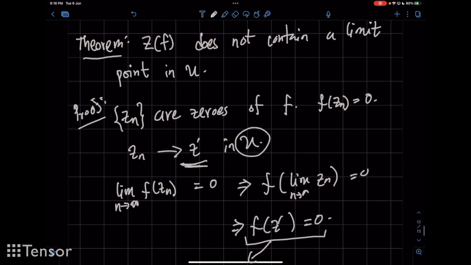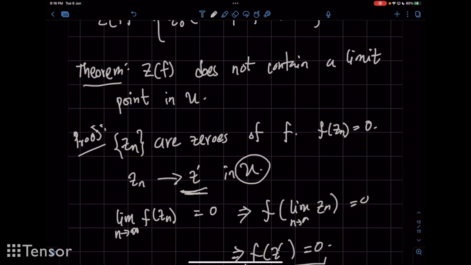If f is identically 0, then the zero set is the whole open set U, and then we trivially have limit points. So here we have an assumption that f is not identically 0.